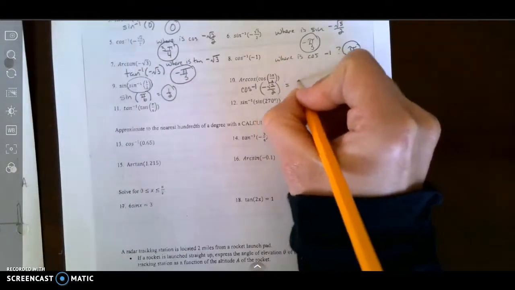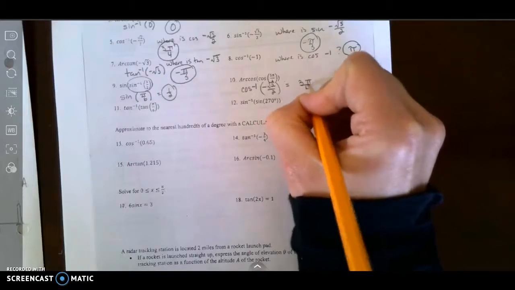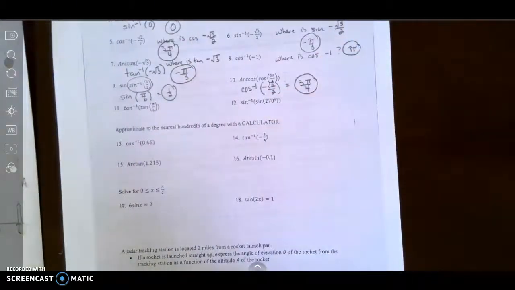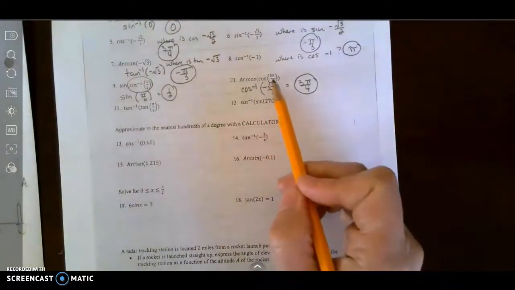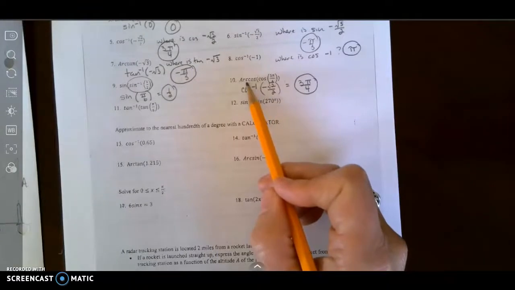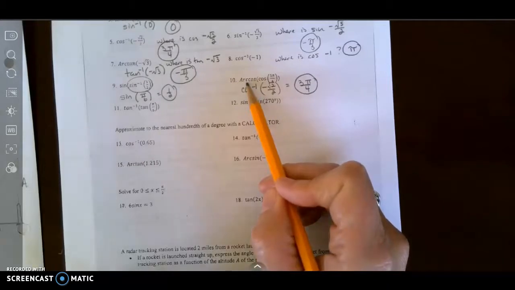So I get 3 pi over 4. Notice I didn't get 5 pi over 4. I can't get 5 pi over 4 because 5 pi over 4 isn't part of my restricted domain. It's not in the 0 to pi part of my unit circle.